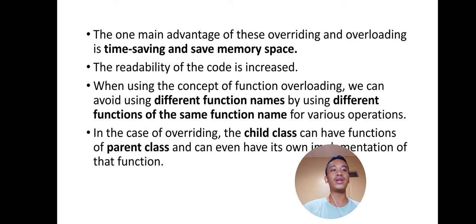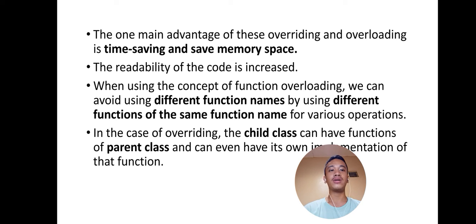Therefore it saves memory in our program and also saves time. Next, the readability of the code is increased. So what does it mean? As you observe in our example, with both overriding and overloading, the code is clean and organized. So we can read it easily.